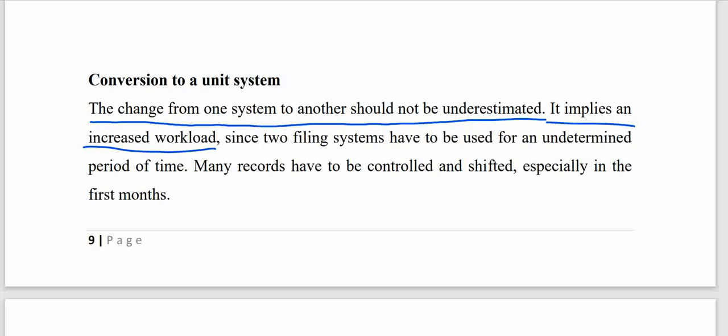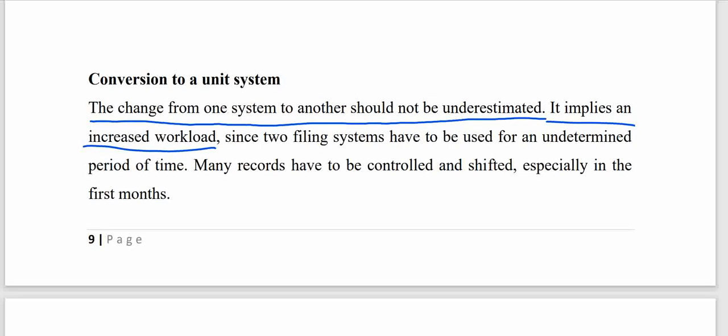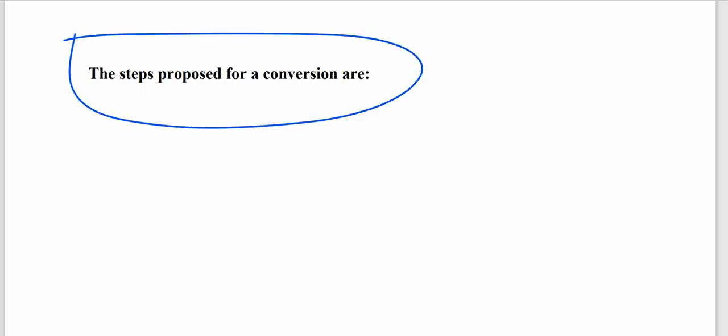You must take it as something that is very serious, because it means serious work as loaded.